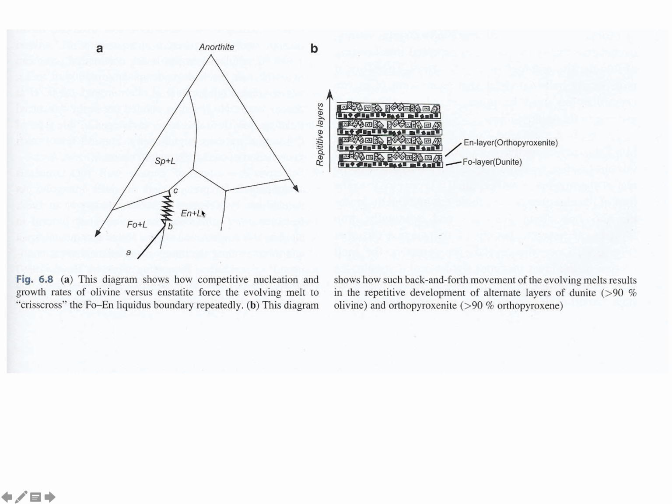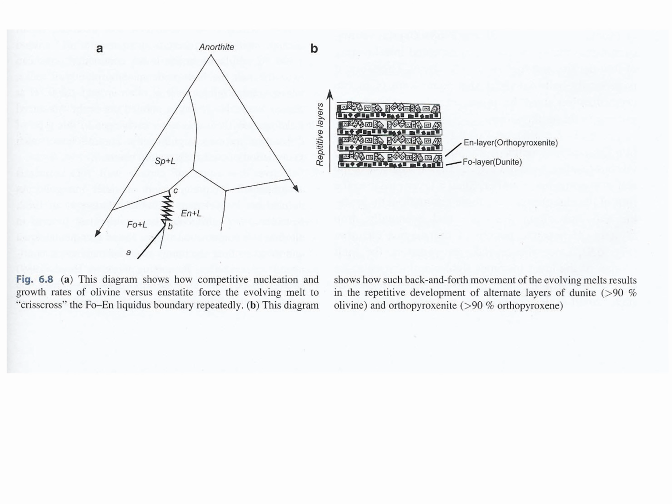That can be variation downwards or upwards in temperature, for example, or an influx from outside, maybe from another melt. So we need a process which always leads to this crisscrossing of the forsterite enstatite boundary, and then we can observe this in the rock sample. Then we form such repetitive layers of olivine, enstatite, olivine, enstatite.